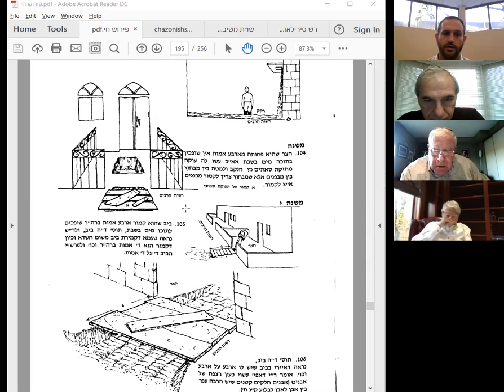So, okay, so Elazar ben Yaakov said that assuming that you have a biv, meaning if you have a water ditch that is covered over, then you're allowed to spill water into it on Shabbos.